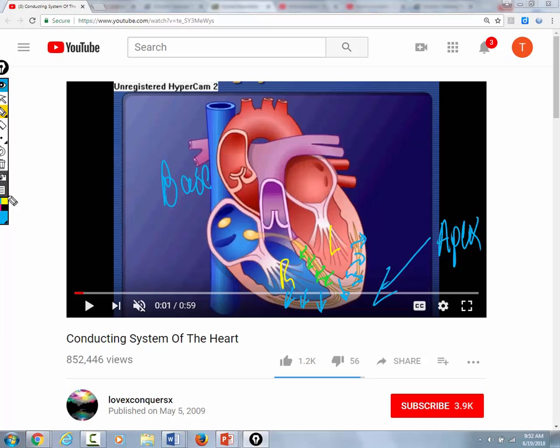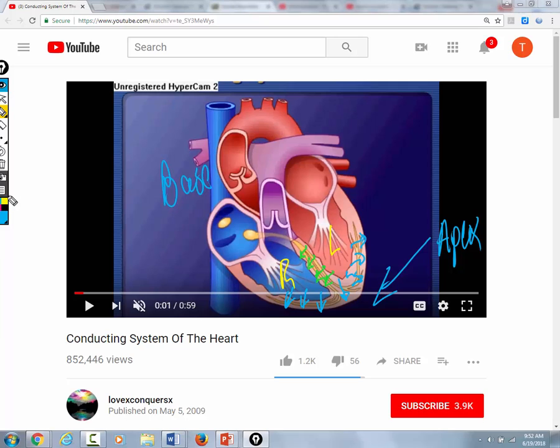Base, widest part of any organ, apex, the narrowest part. So even though the apex of the heart is on the bottom, it depolarizes the ventricles. Here's the apex, like this. Those electrical impulses spread like this. You better write that down.